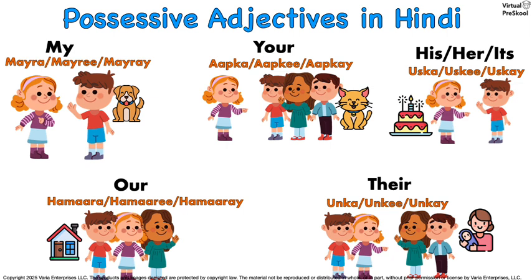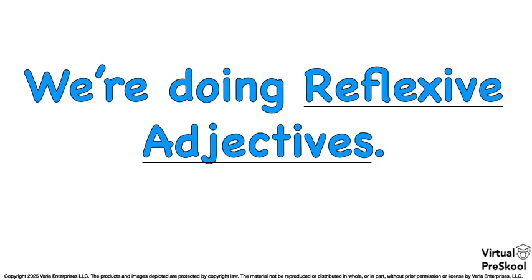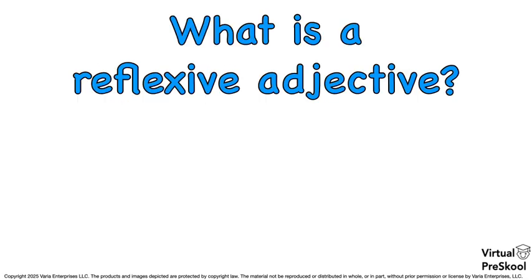I'm laying the groundwork here to make sure you understand all these terminologies and what these concepts are so that you understand what reflexive adjectives are, because we're not here to learn about possessive adjectives or adjectives in general. We are here to learn about reflexive adjectives. So what exactly is that?